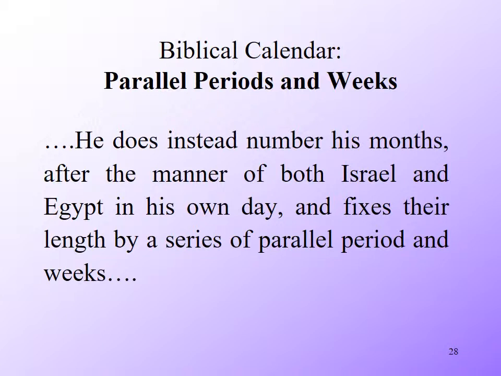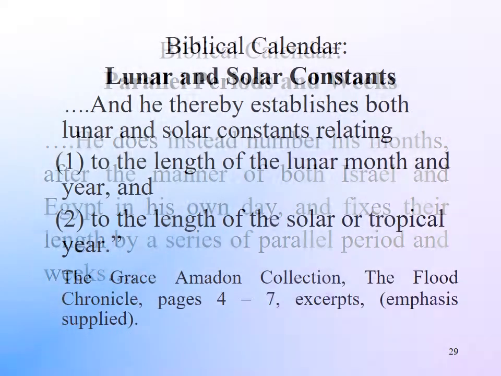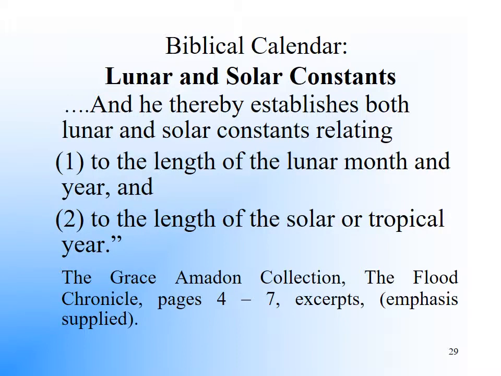He does instead number his months after the manner of both Israel and Egypt in his own day, and fixes their length by a series of parallel periods and weeks. The biblical calendar and the lunar and solar constants. He thereby establishes both lunar and solar constants relating to the length of the lunar month and year and to the length of the solar or tropical year.